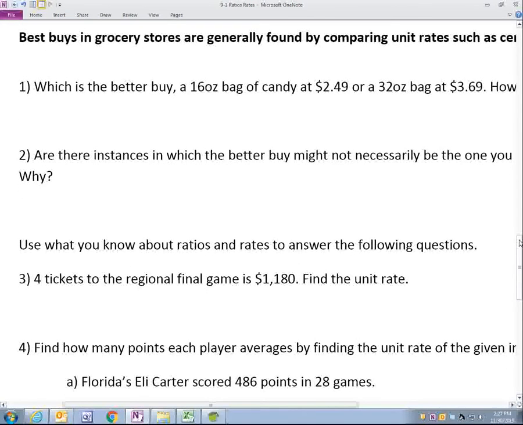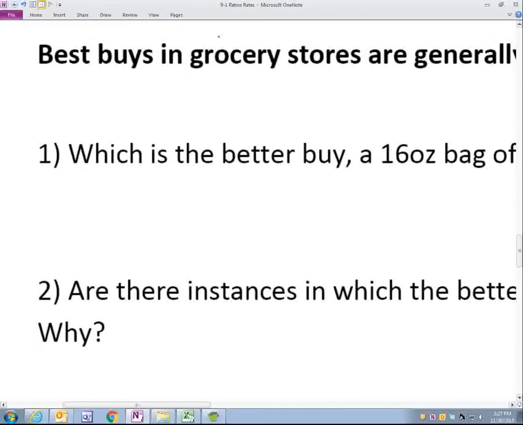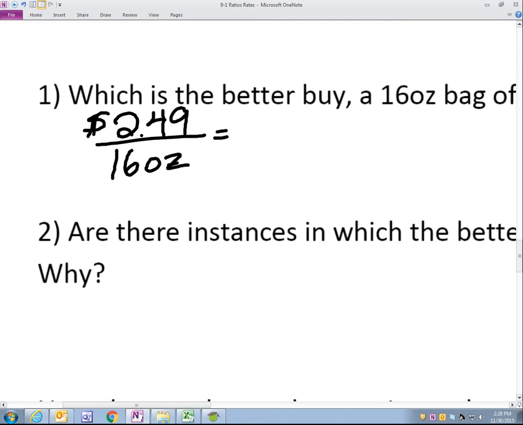So what we're going to do is make 2 unit rates and compare the two. So I have 16 ounces, I need dollars per ounce. It was $2.49 for 16 ounces. Now I need to make this be down to 1 ounce, and do you need me to write the over 1 again, or can I just divide that?